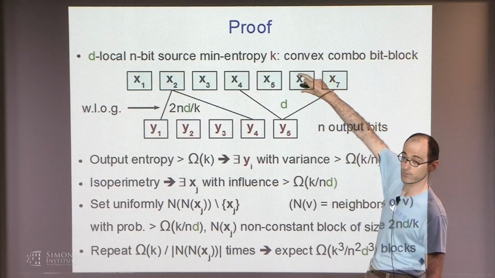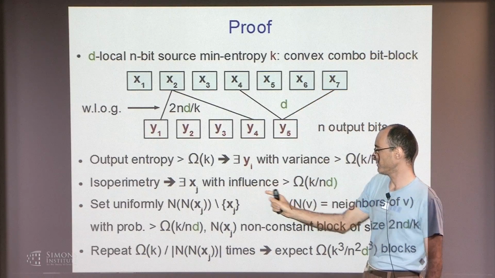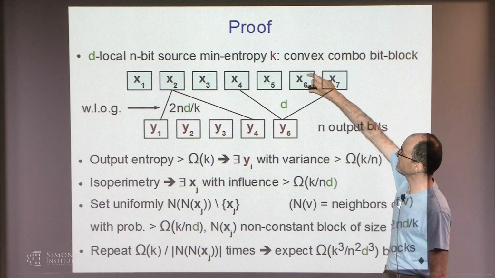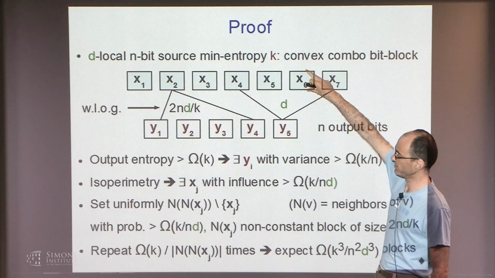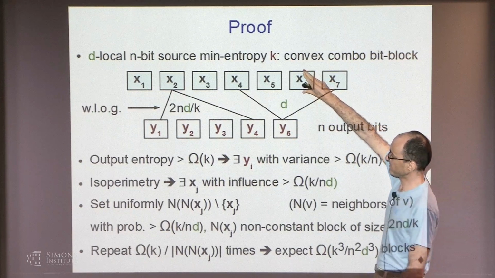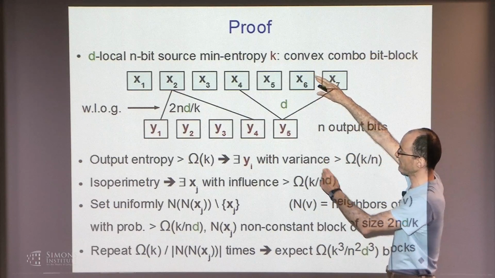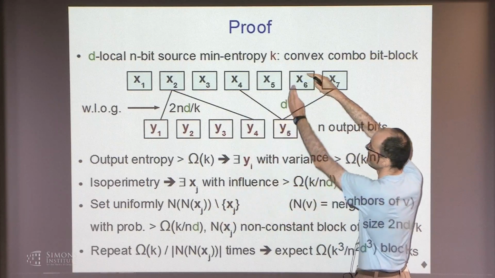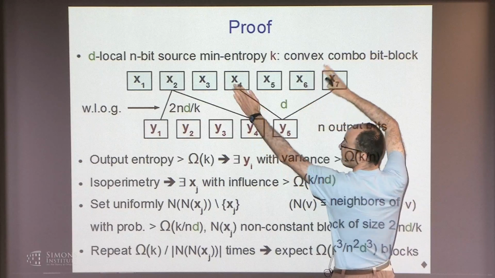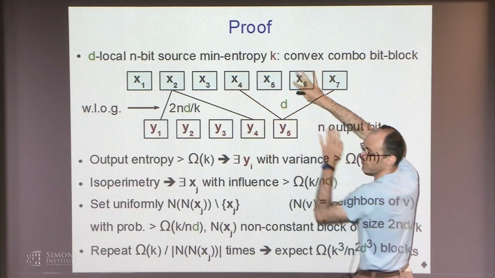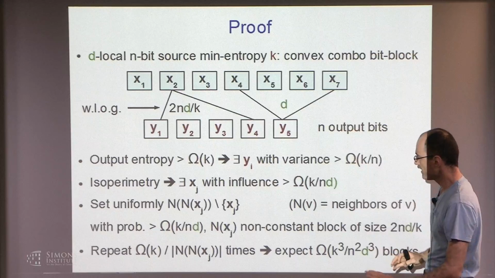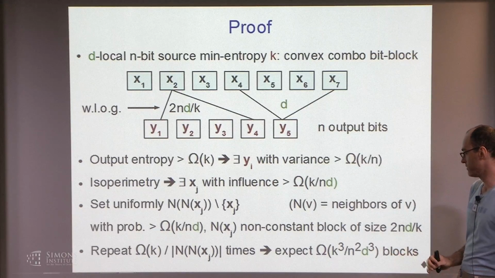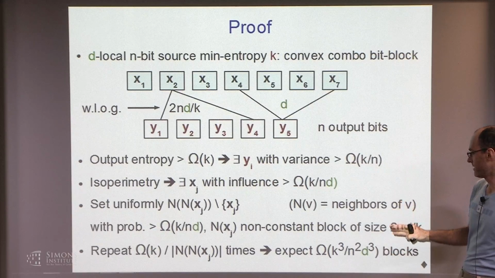Okay, so you have some bit here which is influential, is xj here, and now the idea that basically is that you want this guy to give you a block. Okay, so the way it's done is that you're going to think of sampling the excess by first sampling the neighborhood of the neighborhoods of this xj except xj. So this takes a bit to visualize, but I think you've seen the idea.